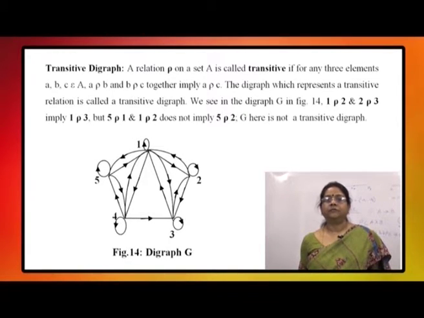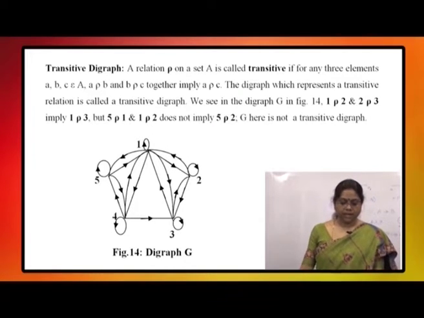In figure 14 we can see the vertex 1 is related to 2, so 1 rho 2, and 2 rho 3, and we get 1 rho 3. So here we get a triangle.